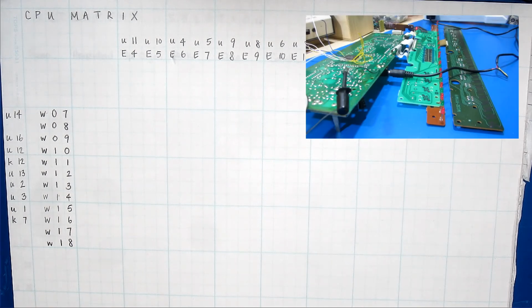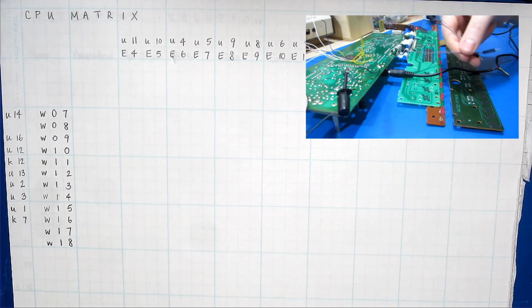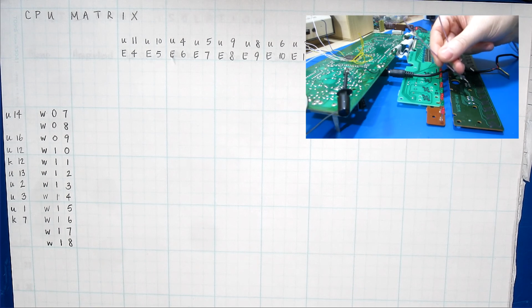All right. So we've got everything set up here so that we can start filling out this matrix. Let's start with what we already know is the lowest note. I'm just going to use a jumper that has male ends on it.